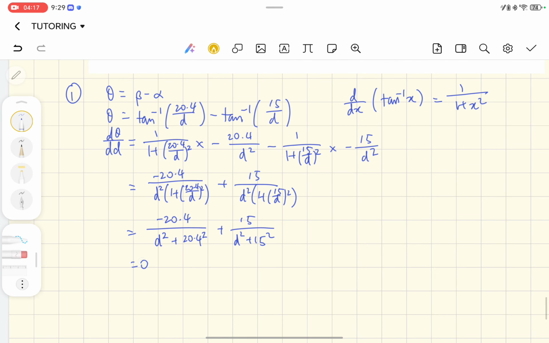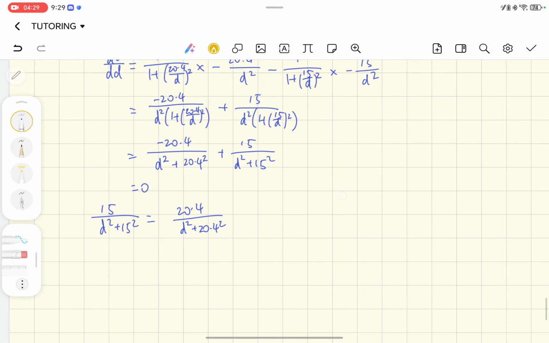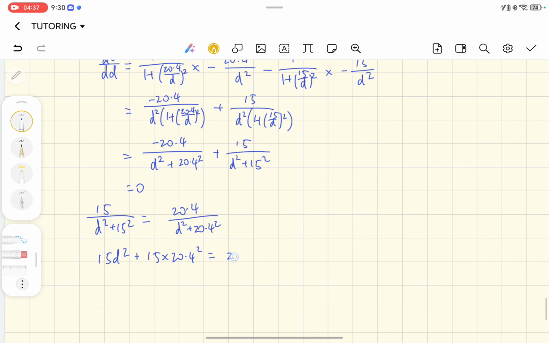Set this to 0 for a stationary point. We get 15 over d squared plus 15 squared is equal to 20.4 over d squared plus 20.4 squared. Cross multiply: 15d squared plus 15 times 20.4 squared equals 20.4d squared plus 20.4 times 15 squared.